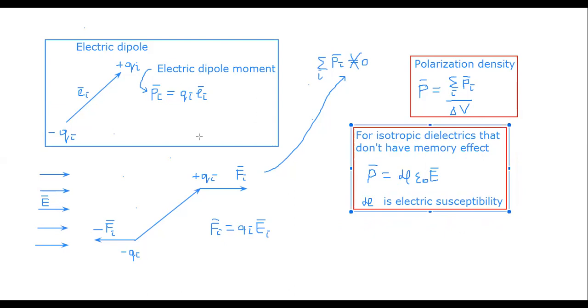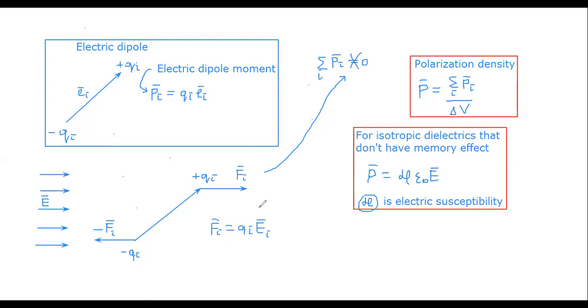And what is memory effect? Memory effect means that electric susceptibility kappa depends on polarization that dielectric has had in previous moment. So kappa depends on polarization in previous moment, not only on present moment.